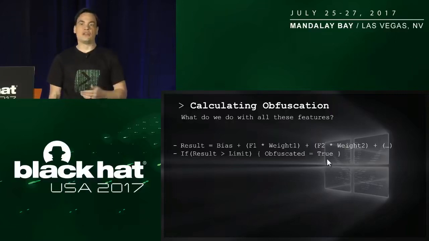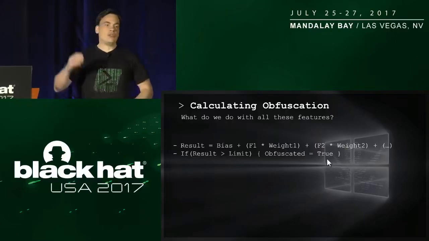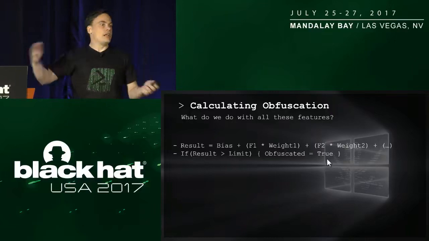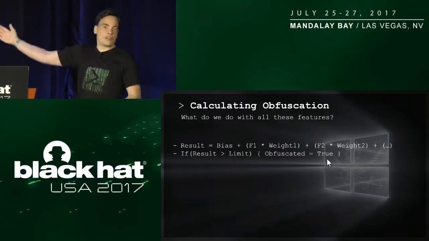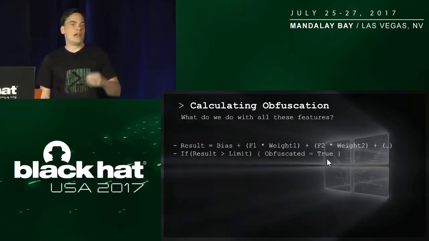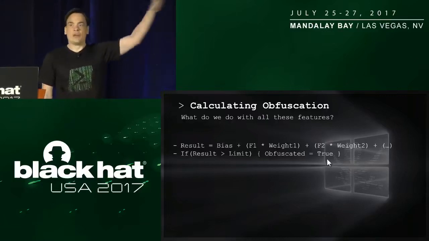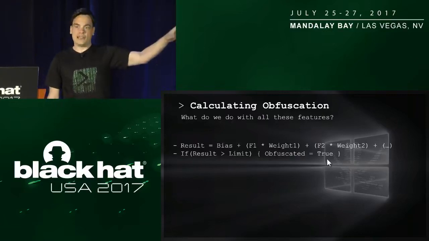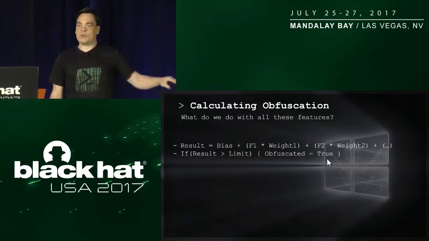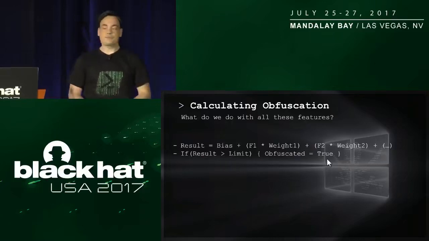That's just a way to figure out the importance. So I take the combination of weights and their features, do some multiplication, add it up across the whole 5,000, and if that number is over a certain level, then maybe you call that obfuscated. And if it's below a number, then it's not obfuscated.